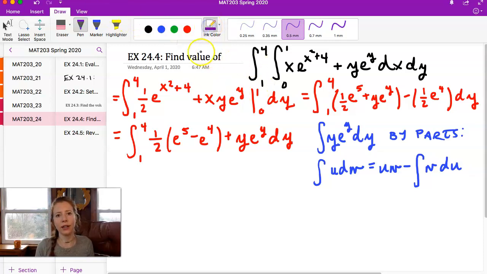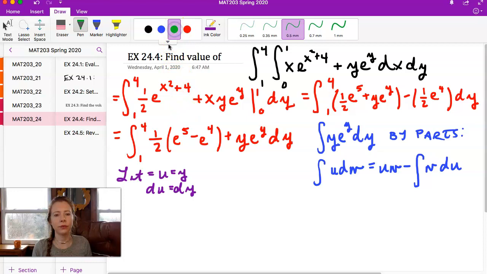So we're going to let u equal y, and du is going to equal dy, and dv is going to equal, we'll have it be this piece, the e to the y dy, and v then will be e to the y.